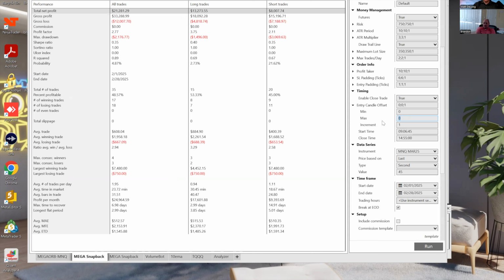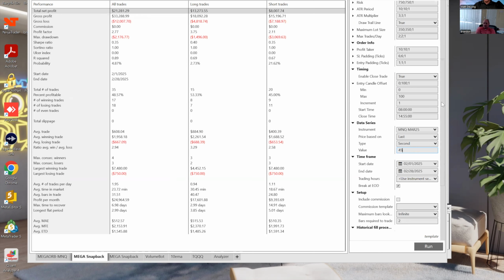So we can say start at 0, increment by 1, and go up to 100. We can start at 8 o'clock if we wanted to, and cycle through and let it add, in this case, 45 seconds, adding one candle every time to the start time to find the ideal start time.